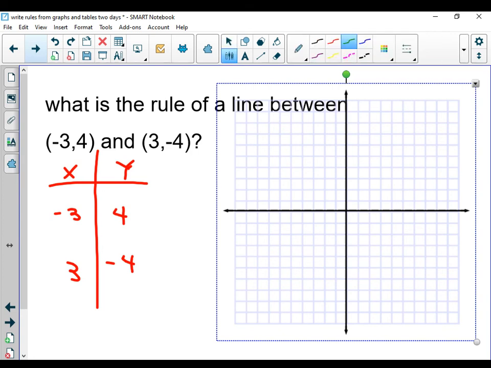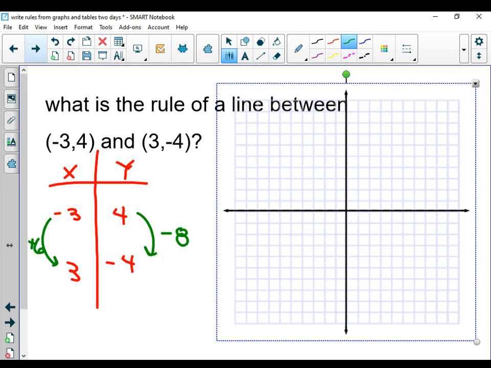Exploits, are you ready for this? How would I start at 4 and get all the way to -4? Subtract 8. Nice! Weston, you ready? How would I start at -3 and get all the way to 3? That's 6. Woo!